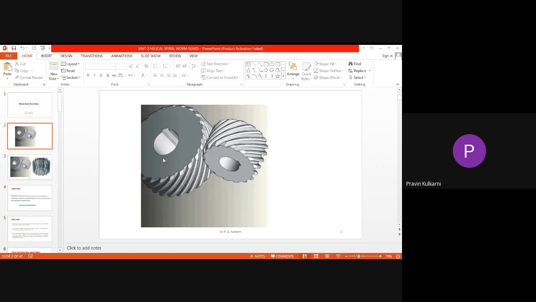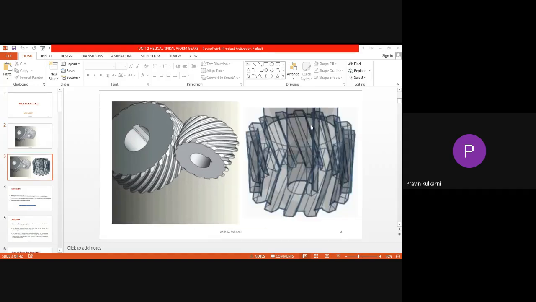So for this left one, we can say that the wheel is right hand. Okay. Now, in case of spiral gears, it is going to be a point contact. Spiral gears are used in measuring instruments. They can't withstand higher torque.